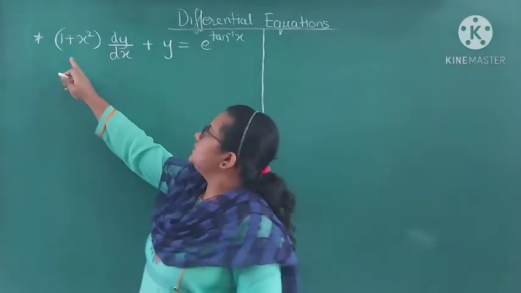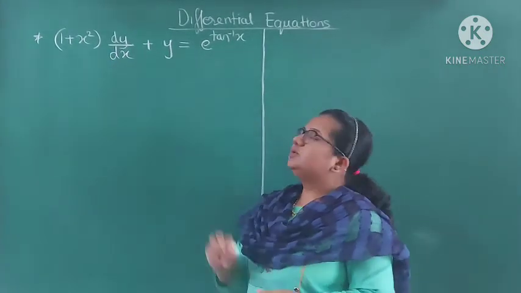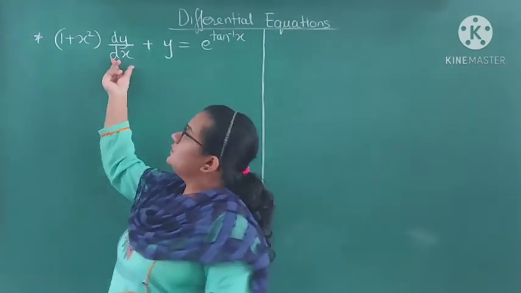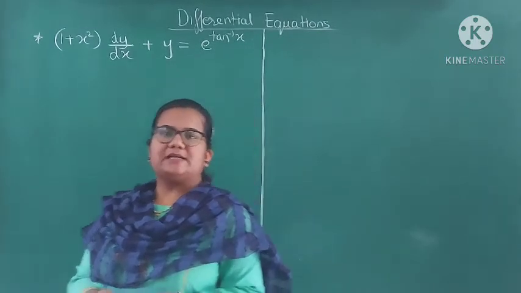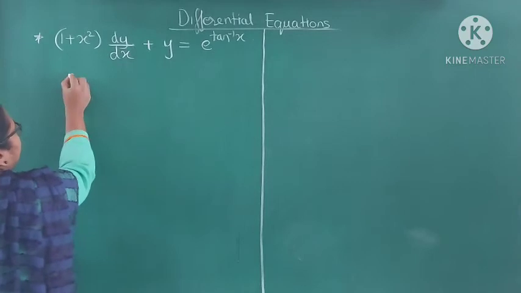Here you can see it is 1 plus x square dy by dx plus y is equal to e raised to tan inverse x. Now as I told you, the coefficient of dy by dx should be equal to 1. Here it is 1 plus x square. So we need to divide the whole equation by 1 plus x square.